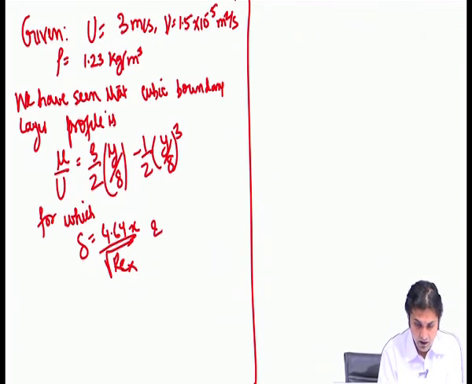And tau w is 3 by 2 mu capital U by delta.